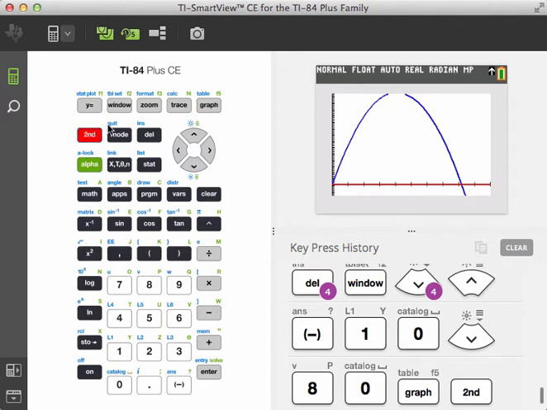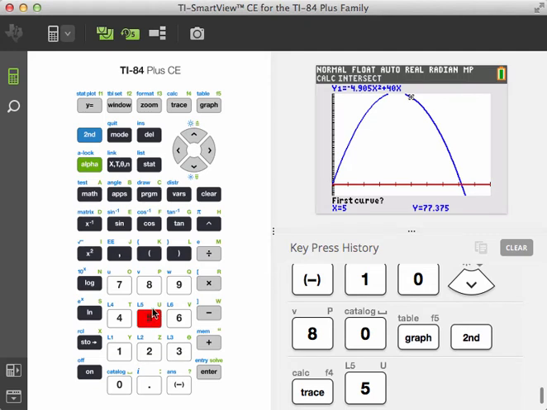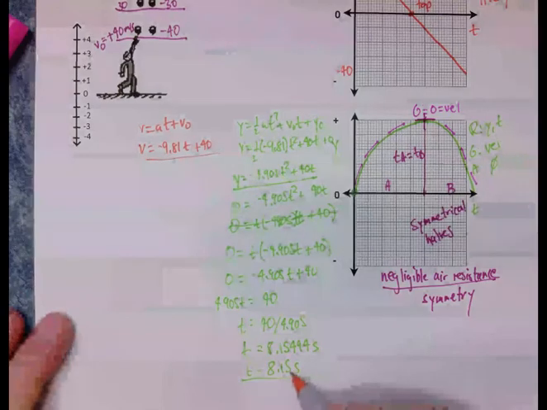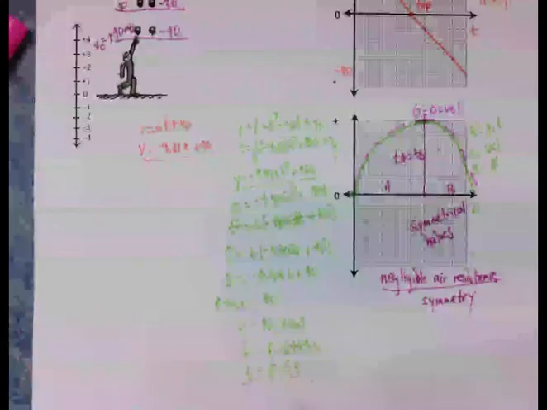So now it's time to calculate the intersection. It gives 8.154939, which is exactly what we got when we calculated it algebraically. So we have a test there with the calculator. So we confirmed our value of the time from the graphing calculator intersection.